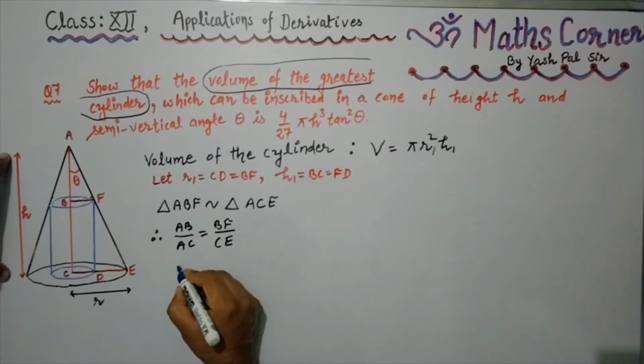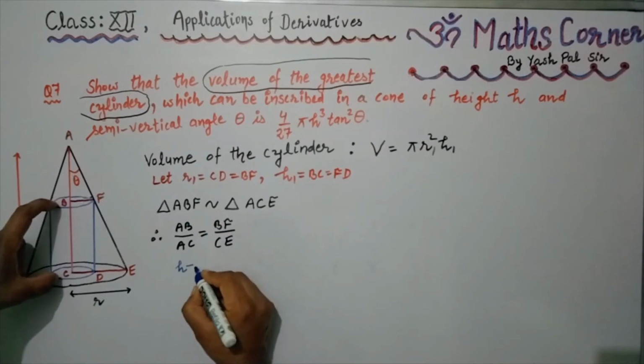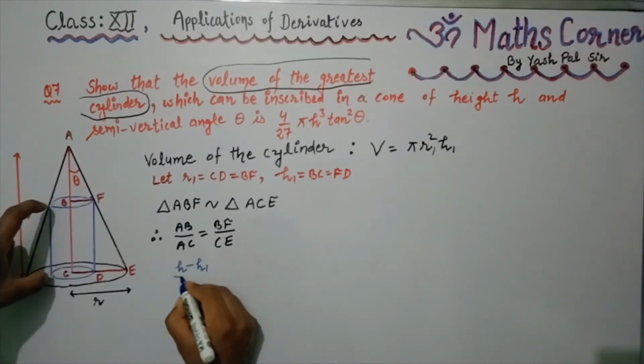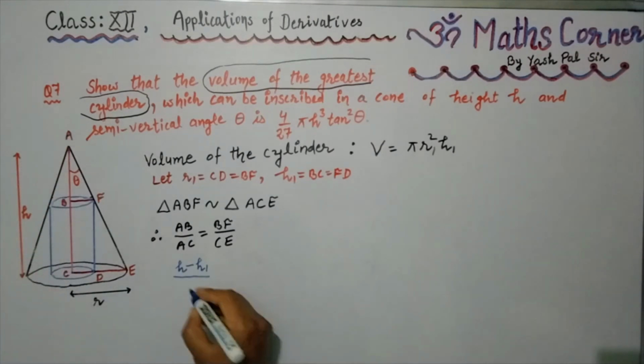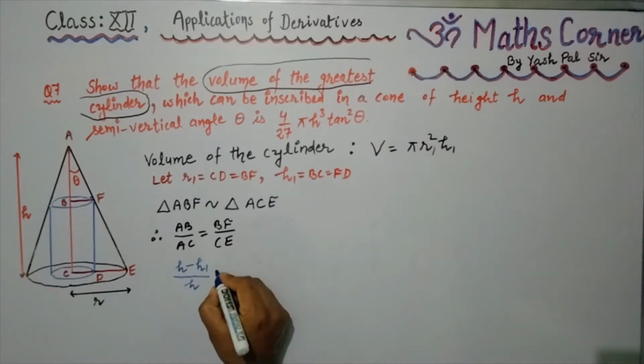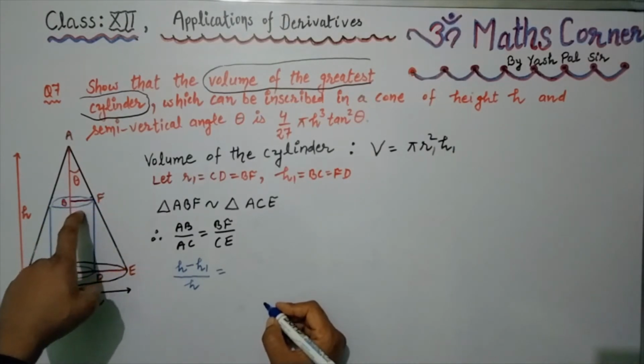Now what is AB? AB mean height of the cone, which is h, minus height of the cylinder, which is h1, divide what is AC? AC is the height of the cone, h, is equal to BF.